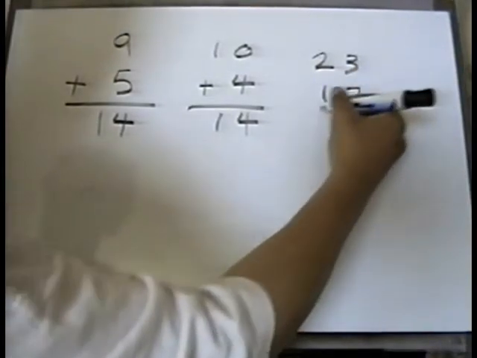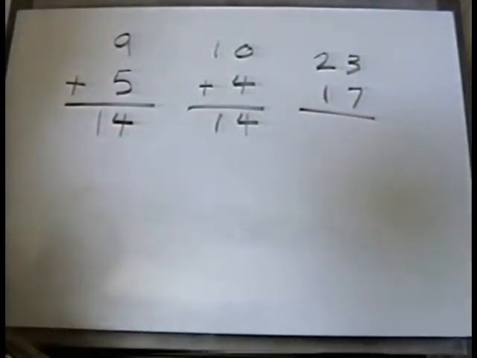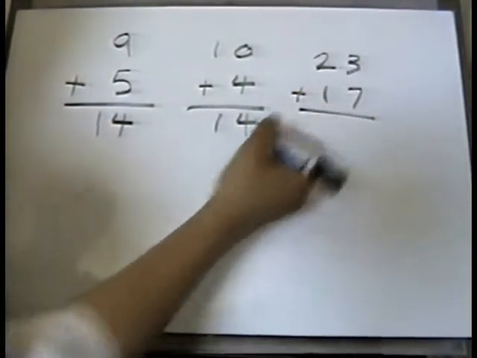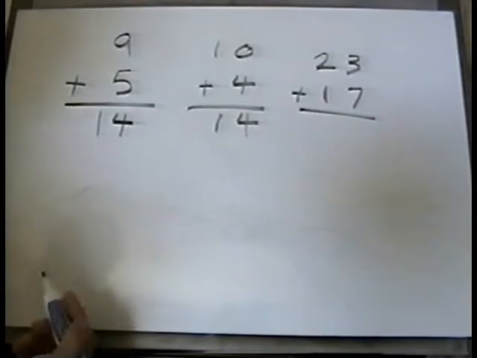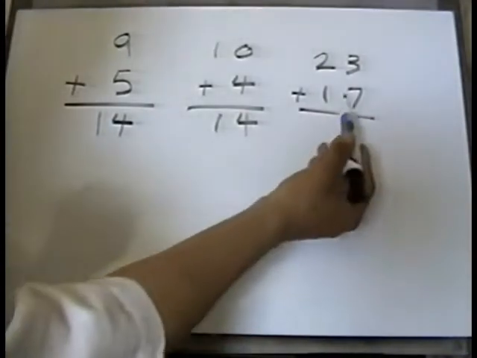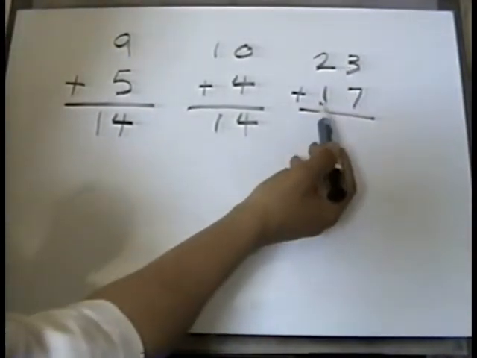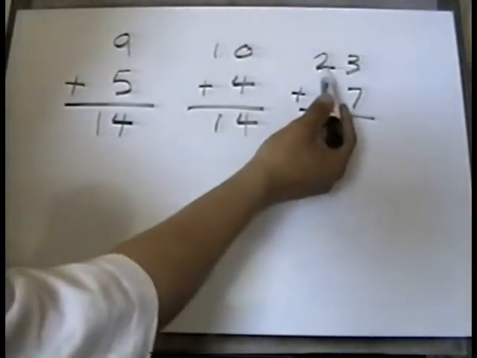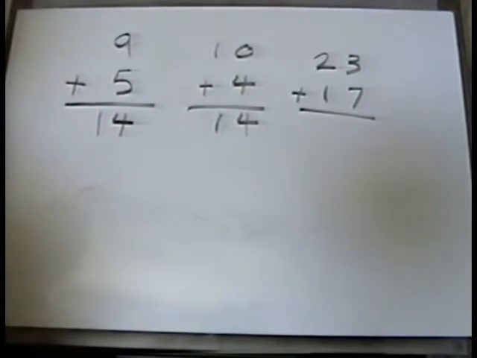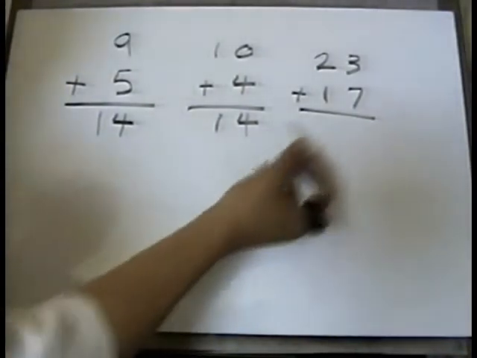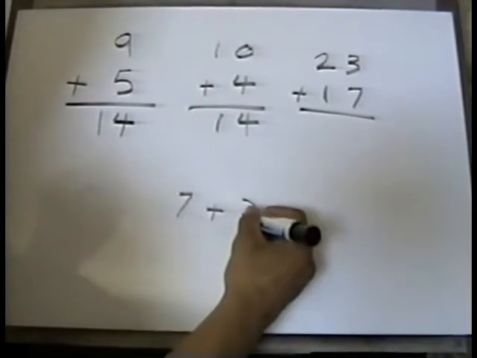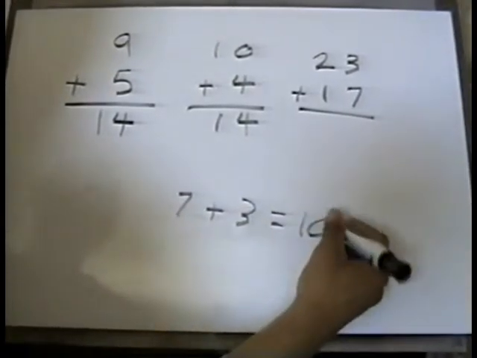Now let's say if we had 23 plus 17. How we add 23 plus 17 is we're going to add 7 plus 3, and then we get our result, and then we add 2 plus 1.